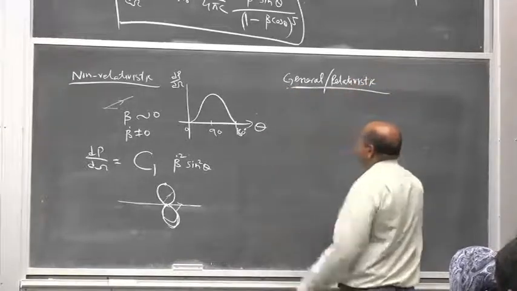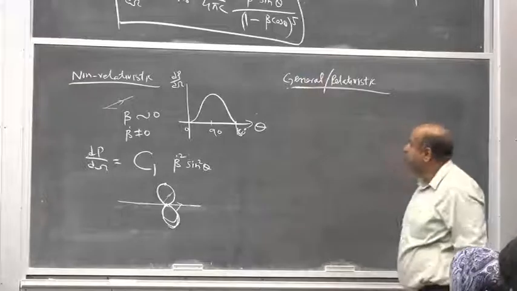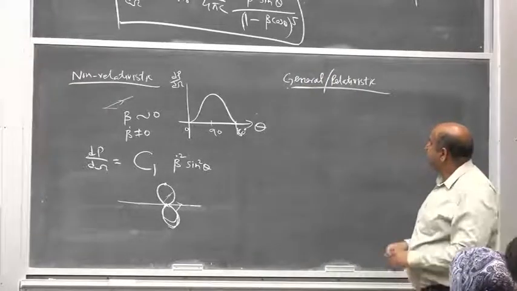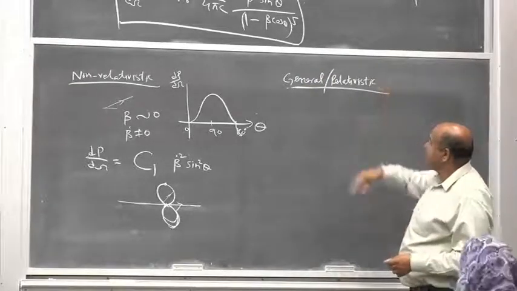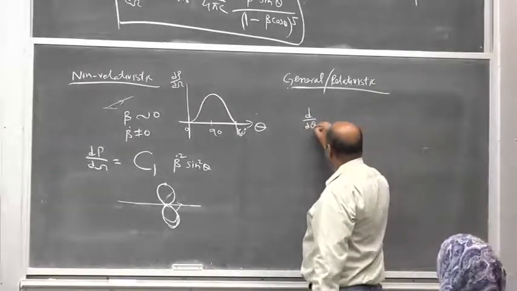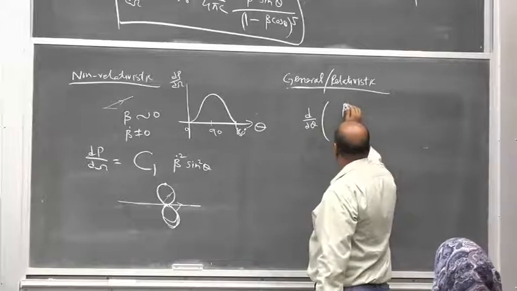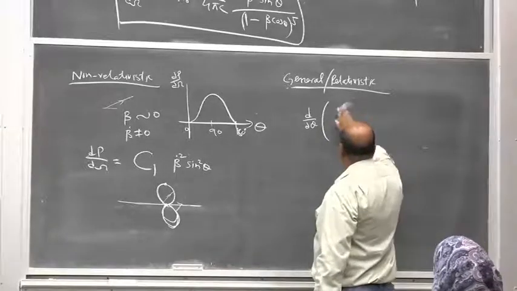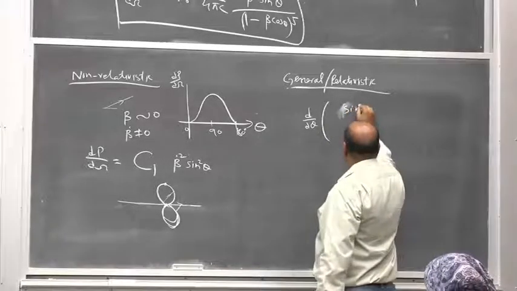General or relativistic case, so we have this actual thing. And to see what the direction of maximum radiation is, all we have to do is find the solution of this equation. Okay, beta dot, you have to take this out.